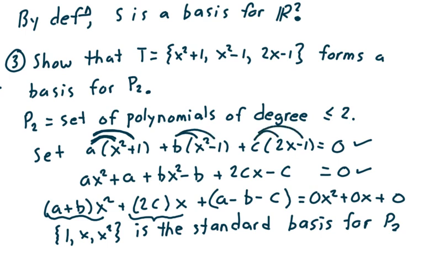When I do that, I see that ax squared plus a plus bx squared minus b plus 2cx minus c equals 0. But that can be rewritten as follows. We can say (a plus b) times x squared plus 2cx plus (a minus b minus c) is equal to 0x squared plus 0x plus 0.